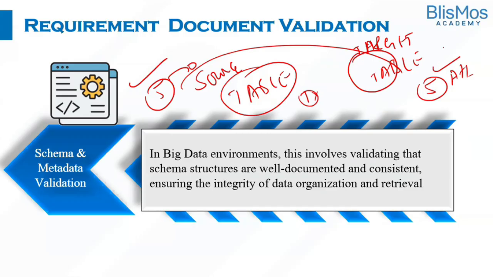So like that, you have to go on critically verifying whether the schema is provided for all the mentioned tables or not. You have to check how many fields are there. You have to check what is the data type mentioned in the source, what is the data type mentioned in the target. If there is any issue, you have to highlight that.